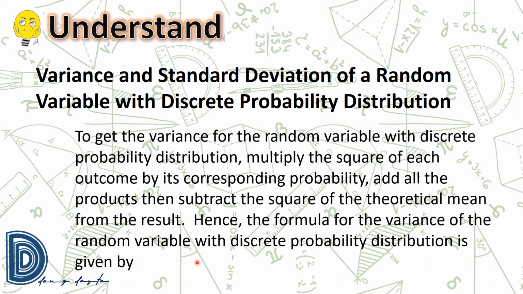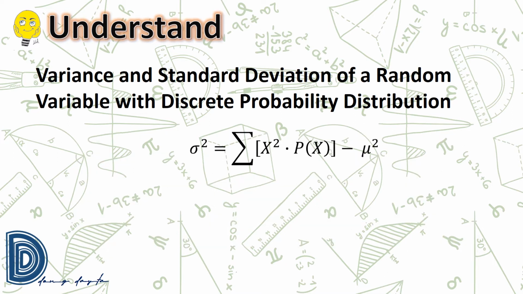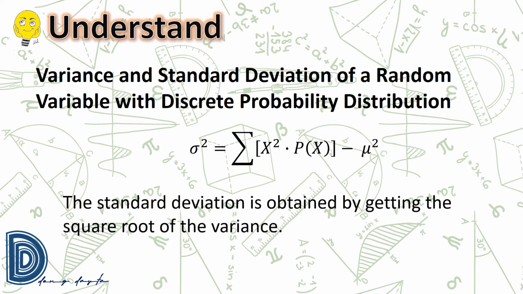Hence, the formula for the variance of the random variable with discrete probability distribution is given by: variance is equal to the summation of the product x squared times p of x, minus the square of the mean. The standard deviation is obtained by getting the square root of the variance.